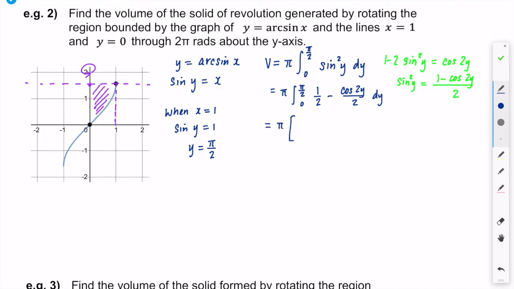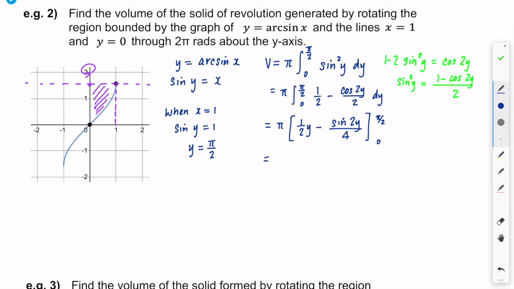The first term, 1 over 2, integral is half y. The second term, cos 2y becomes sine 2y over 2, so over 4. And this is from 0 to pi over 2.